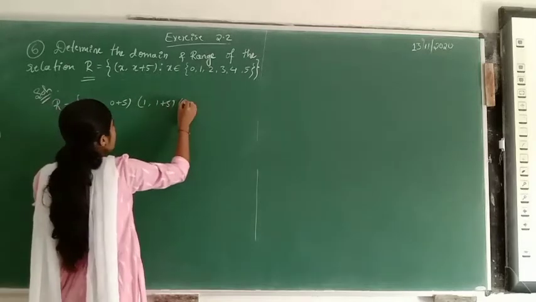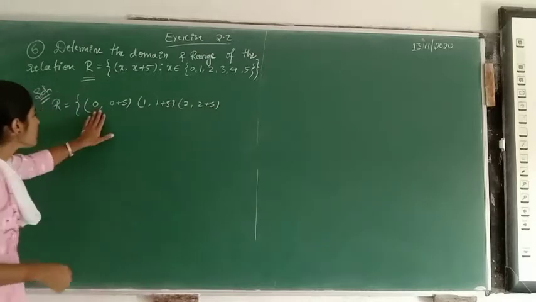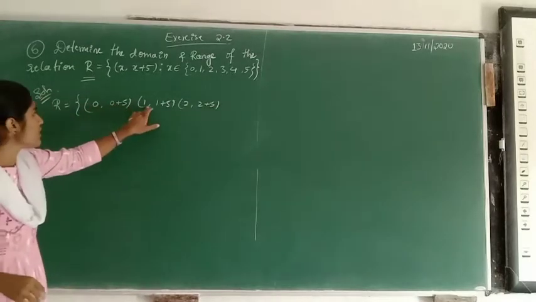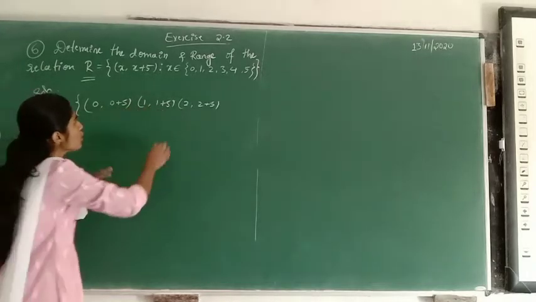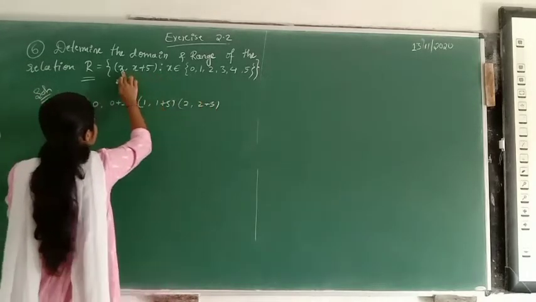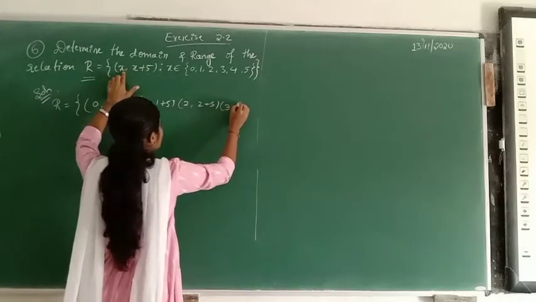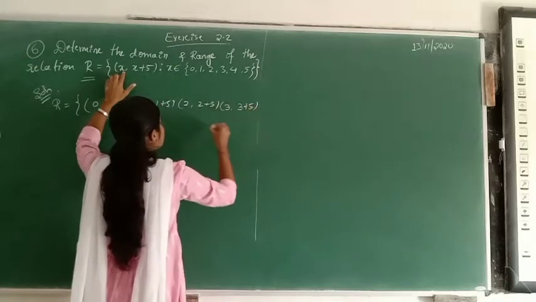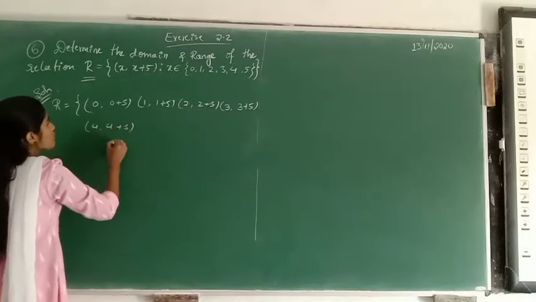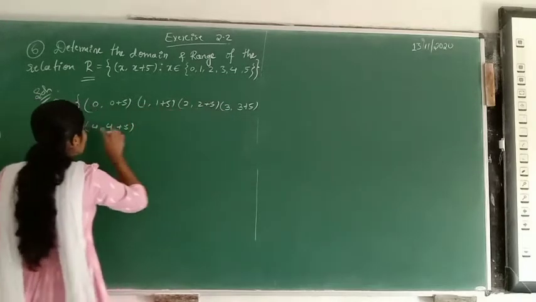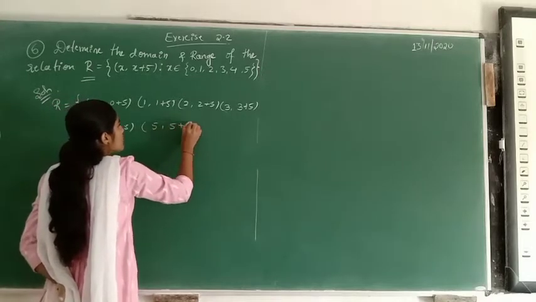Whenever x is 2, 2 plus 5. Whenever I take x equal to 4, that will be 4 comma 4 plus 5. With 0, 1, 2, 3, 4 and 5, we have 5 comma 5 plus 5.